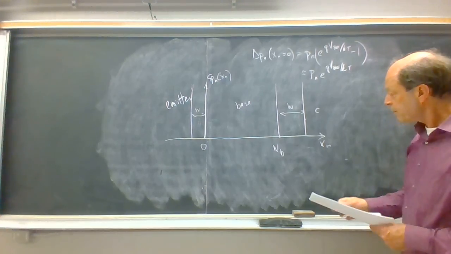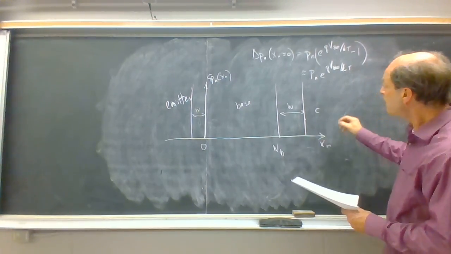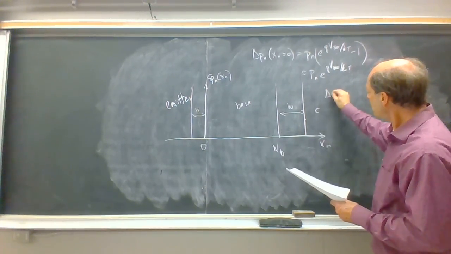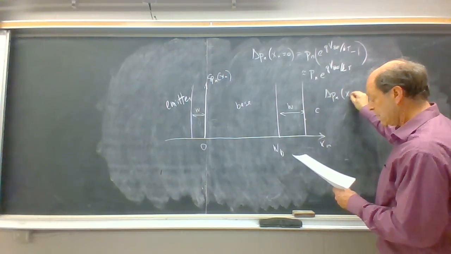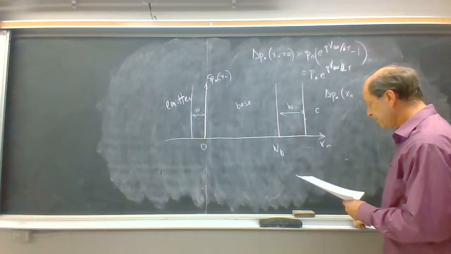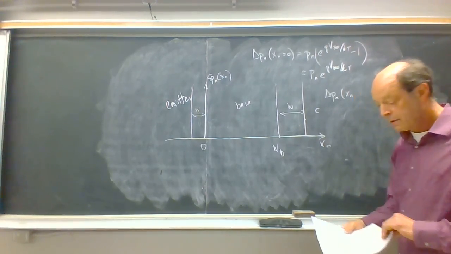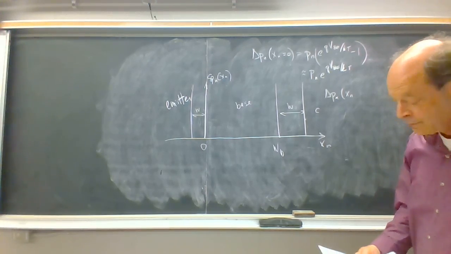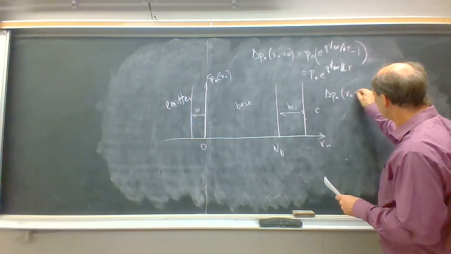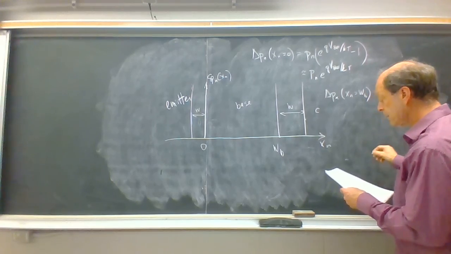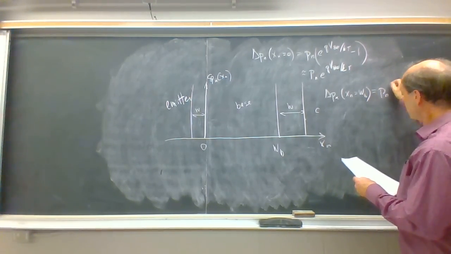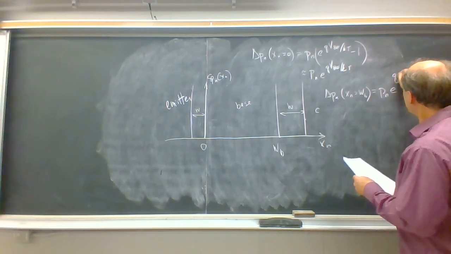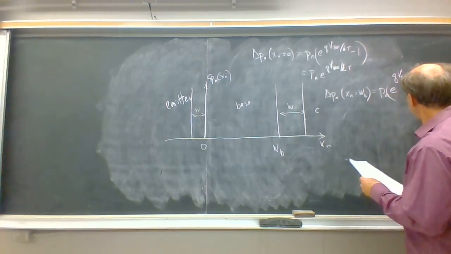Now, the other boundary condition on this side is that delta P sub n at xn equals WB is P sub n e to the qV_CB over kT minus 1.